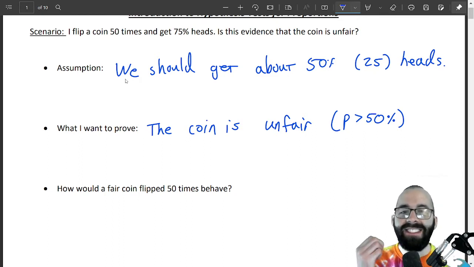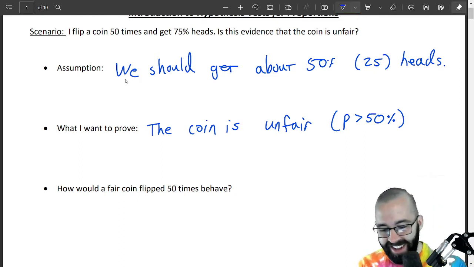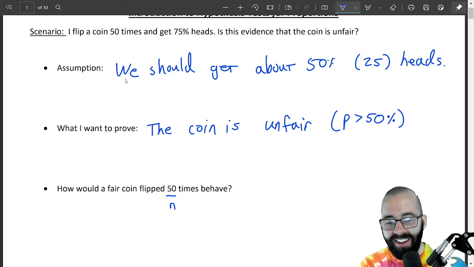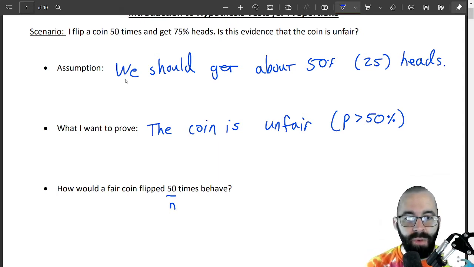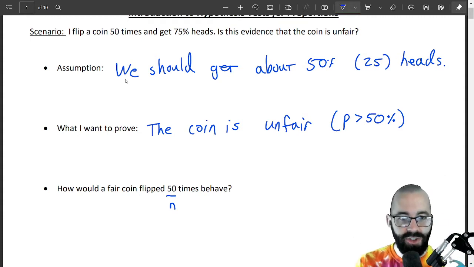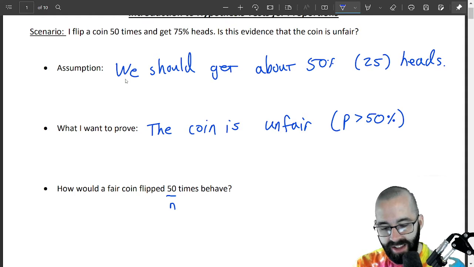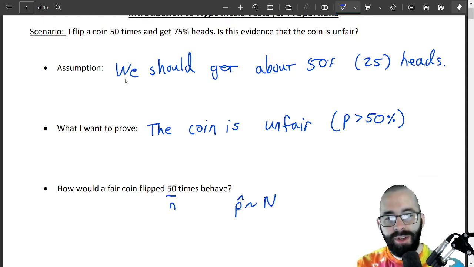Then we are taking a sample of size 50. How would it behave? Well, as long as we can satisfy the central limit theorem properties, we could check that, we could say that this p hat is normally distributed.